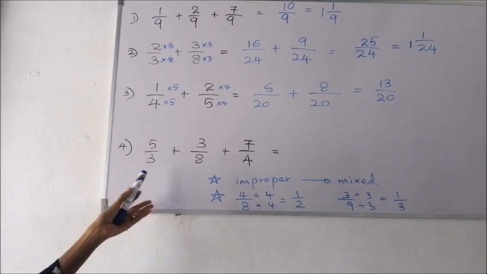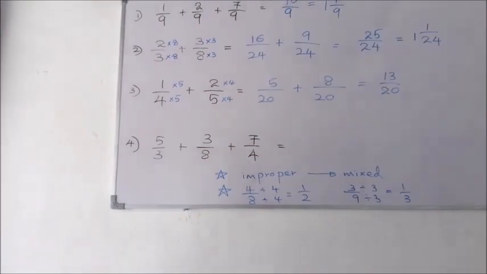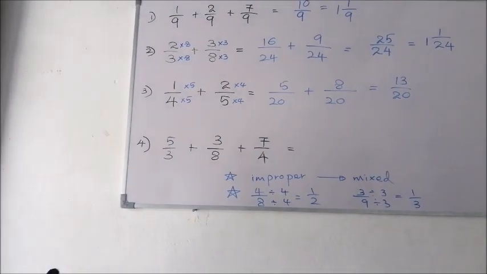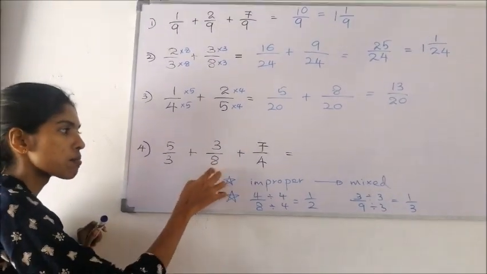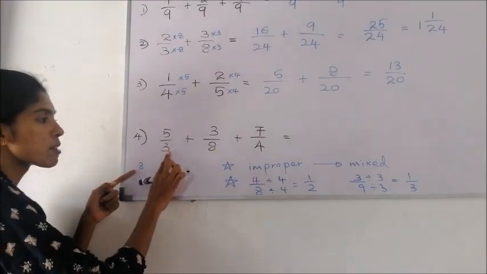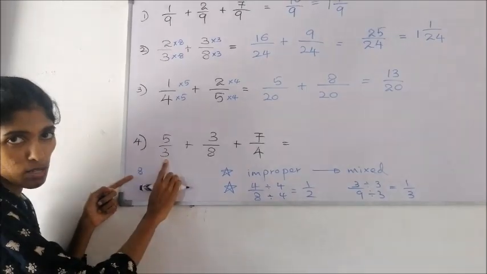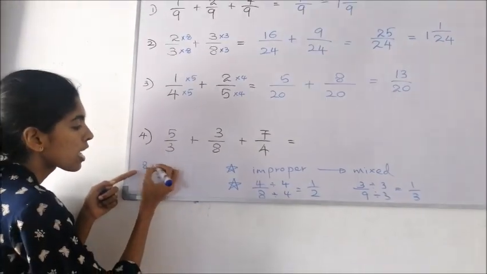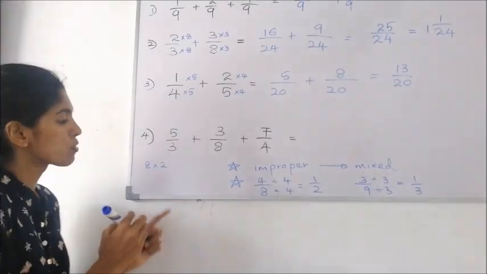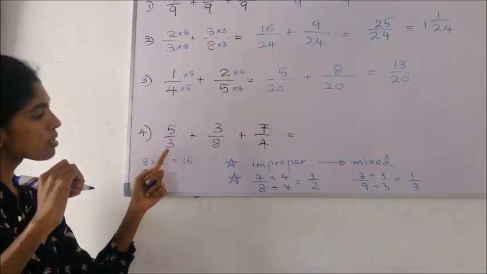Next. Denominators are different. The LCM is 24. Again I will recall the short method. Out of these three numbers, select the biggest number. 8. Is 8 divisible by 3? No. 8 is divisible by these two, but it is not divisible by 3. So we will multiply by 2, starting from 2. 8 times 2 is 16. Is 16 divisible by 3?